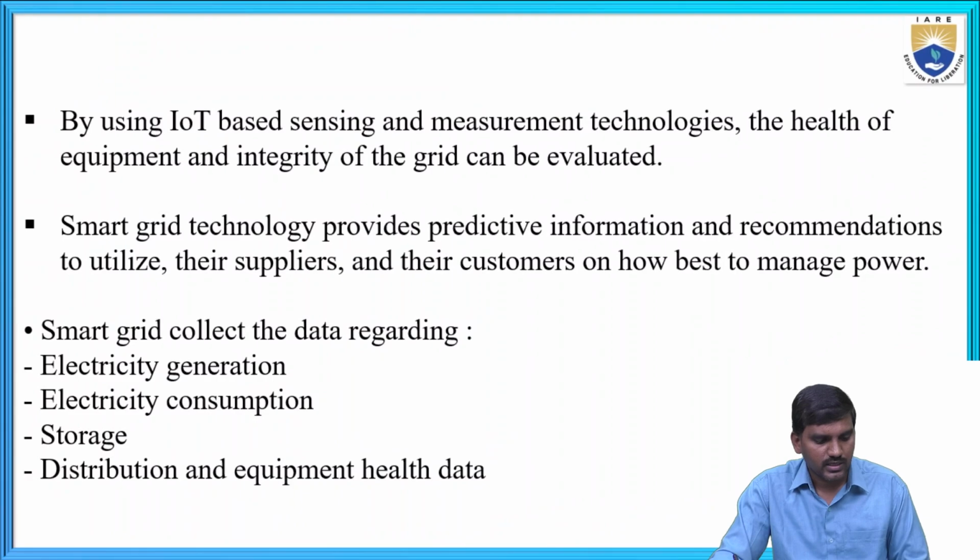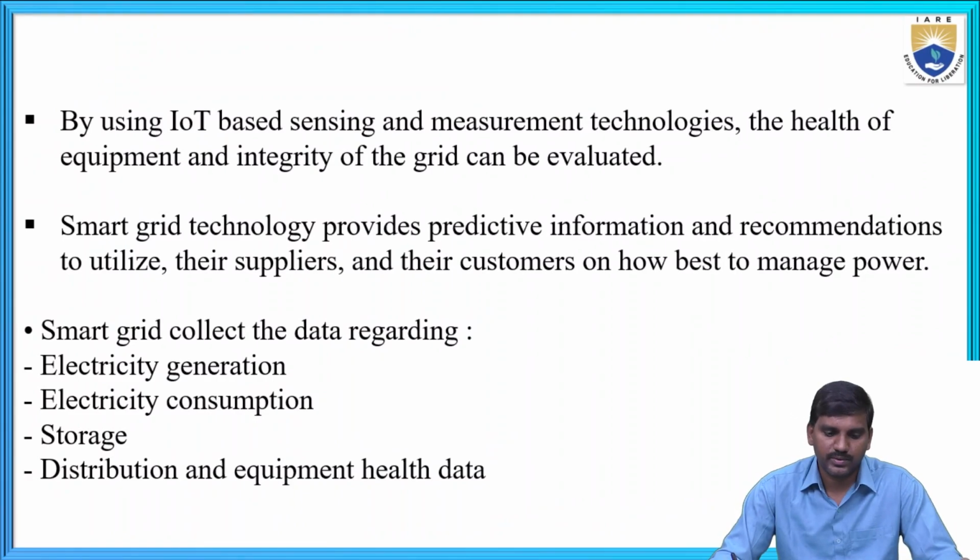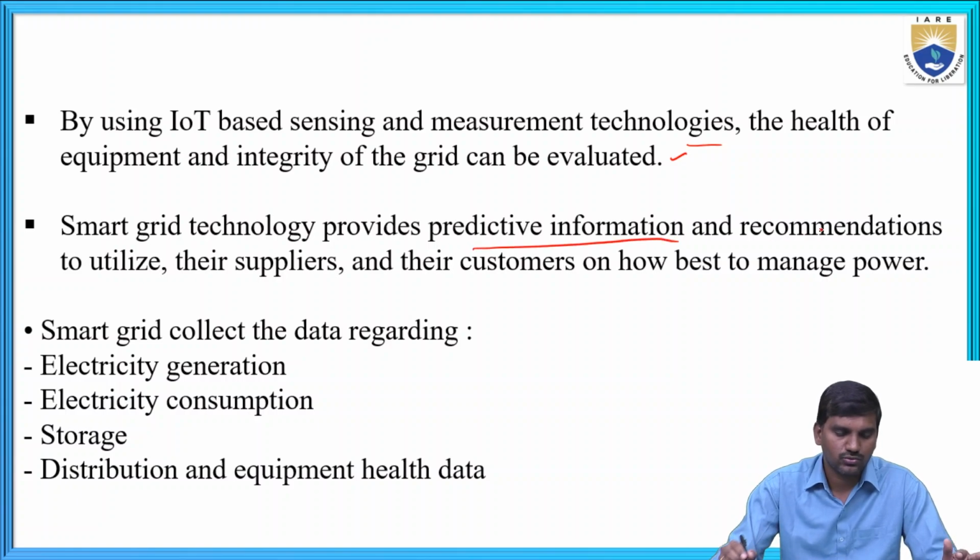Under energy, by using IoT-based sensing and measuring technologies, the health, equipment, and integrity of the grid can be evaluated. The smart grid technology provides predictive information and recommendations to utilities, as we already know.